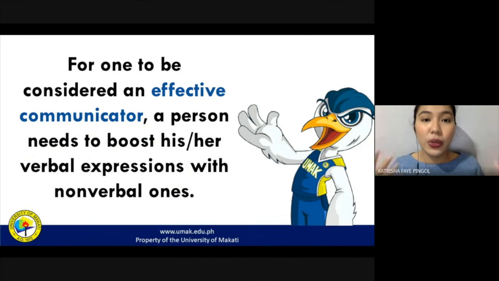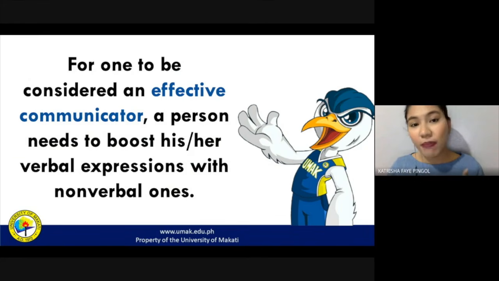No, it doesn't work that way. When you strike a good balance between using verbal expressions and non-verbal ones, then you would be an effective communicator, because more often than not, our verbal communication will show more meaning when it is complemented with non-verbal ones.